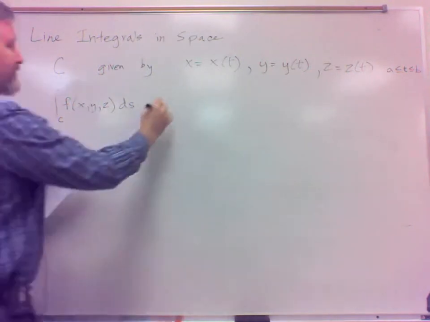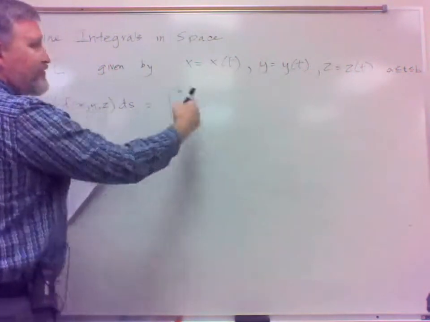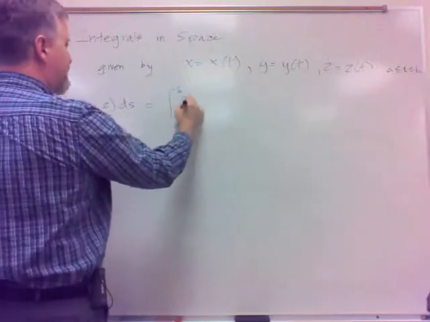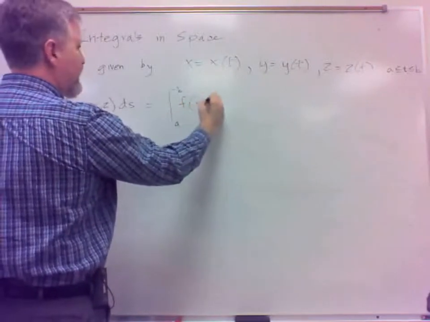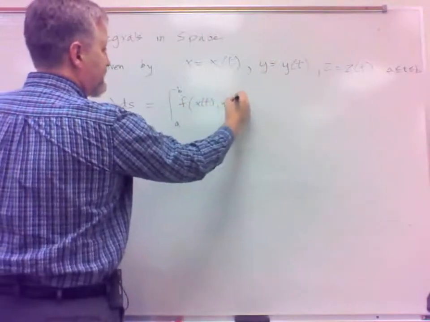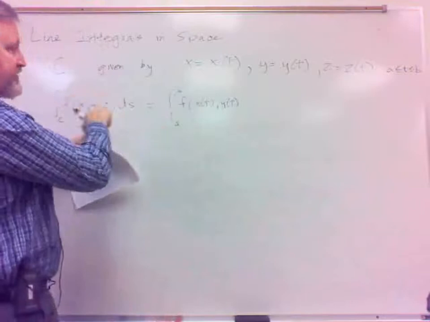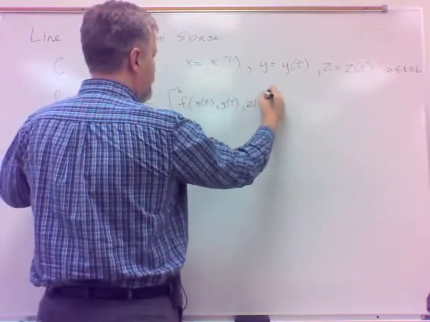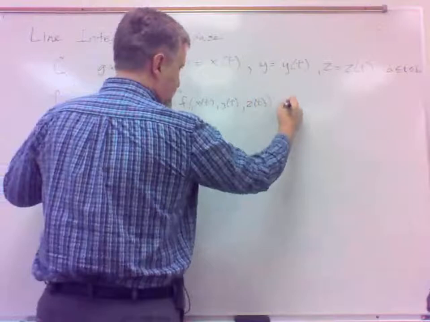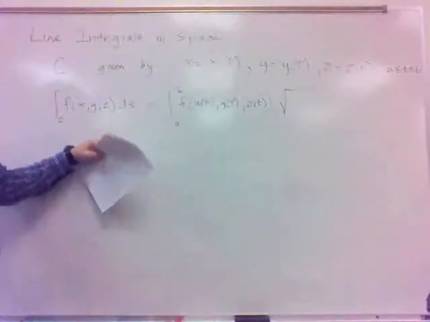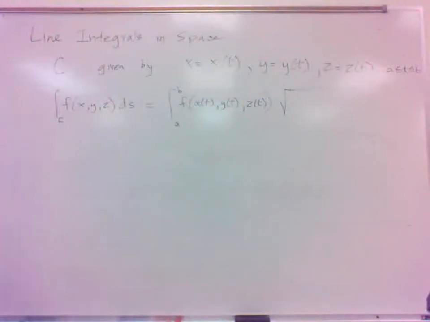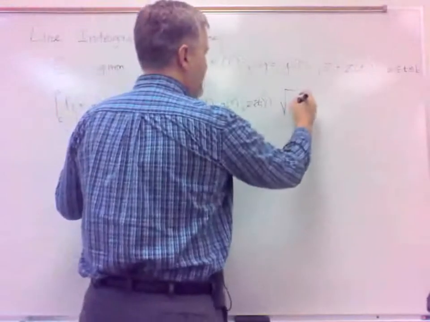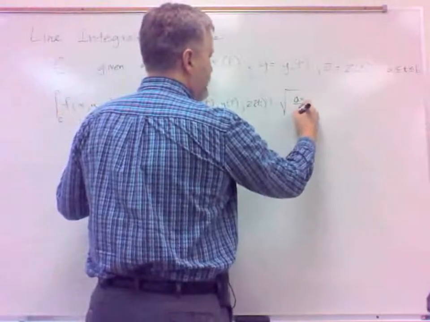That'll be the integral from a to b then. Parameterize everything. So it'd be f of x of t, y of t, z of t. So we've got to write basically this function in terms of t. And so then, yes, we just extend our square root arc length integral.